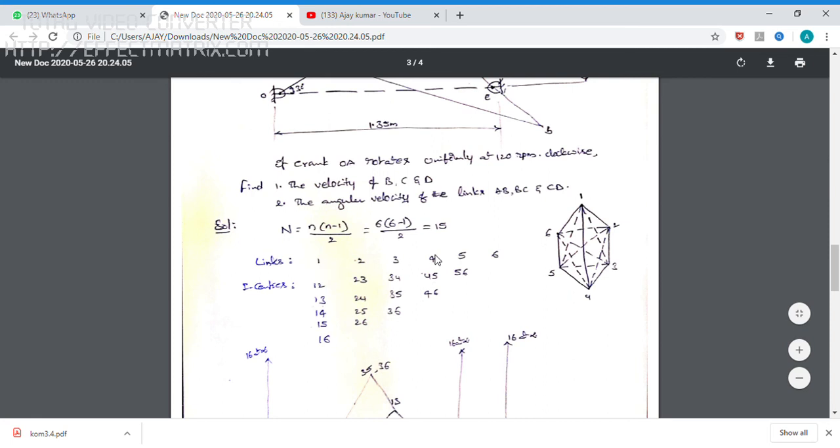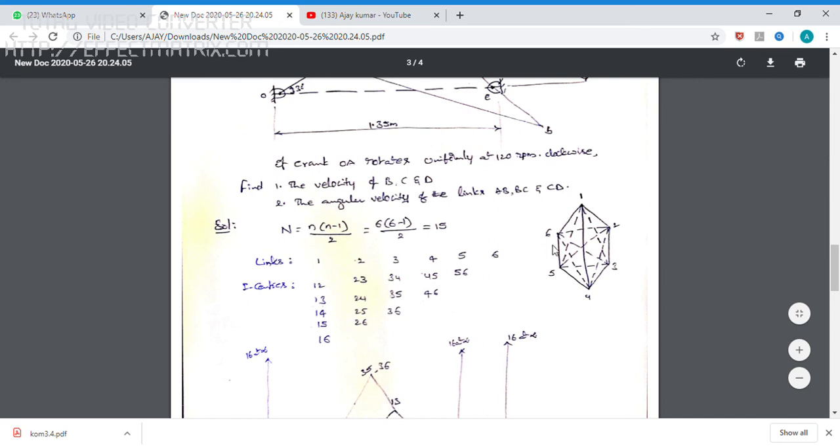Write the link numbers: first with second, first with third, first with fourth, first with fifth, first with sixth, second with third, second with fourth, second with fifth, second with sixth, and in the same manner third, fourth, fifth, and so on. Total, 15 instantaneous centers.